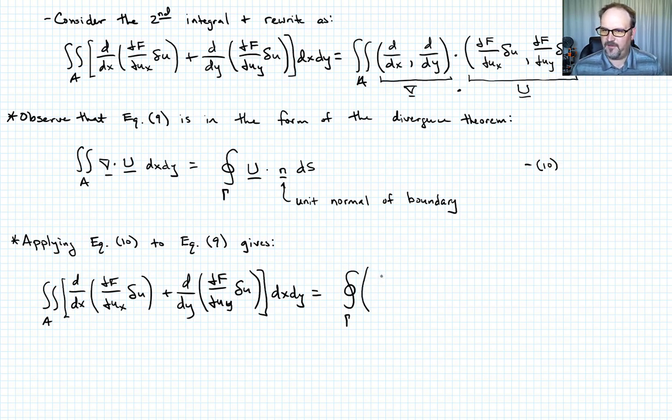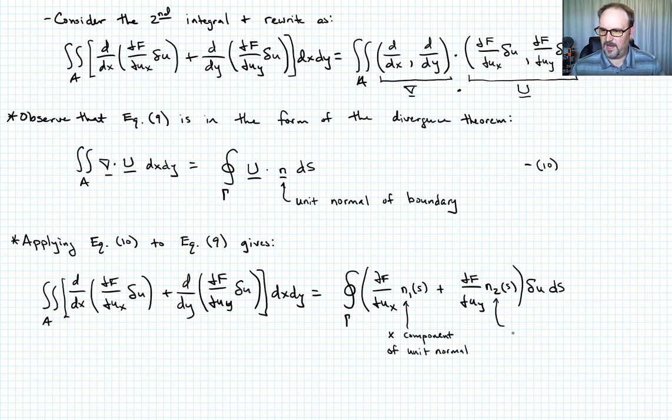If n is just n1 and n2, that looks like partial of f with respect to ux times n1, which I'll remind you is a function of x. It's going to change depending on where we are on the boundary, plus partial of f with respect to uy times n2, which is also a function of s. Then we have a delta u factored out, and then a ds. So what is n1? That's the x component of the unit normal, and n2, of course, is the y component of the unit normal. Let's call this equation 11.